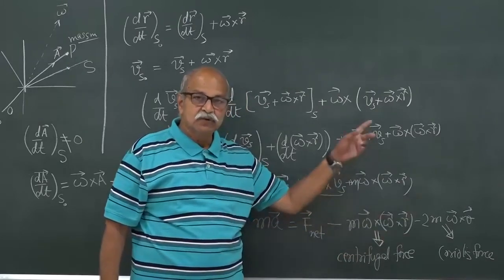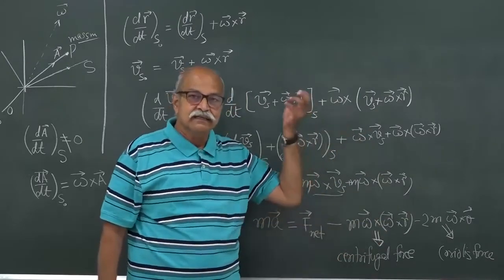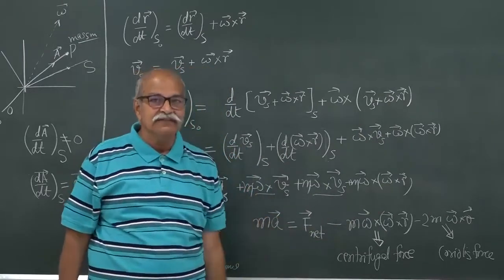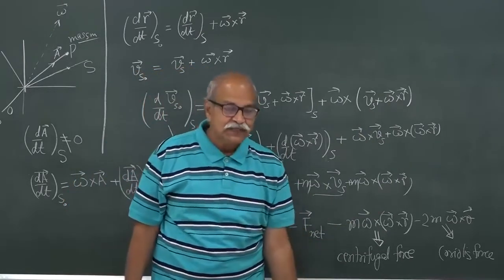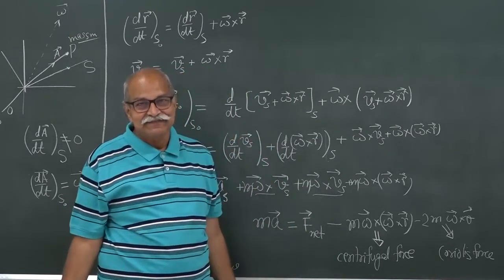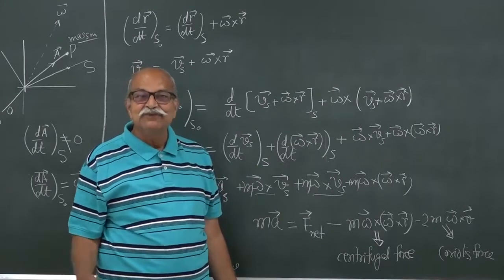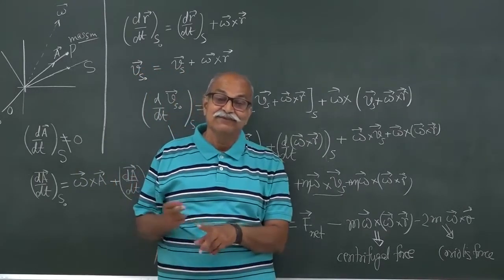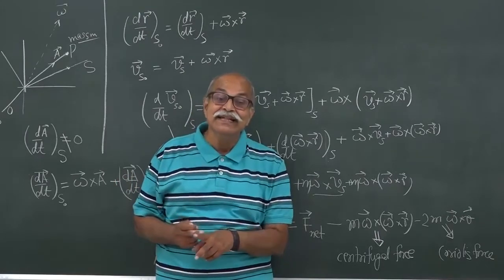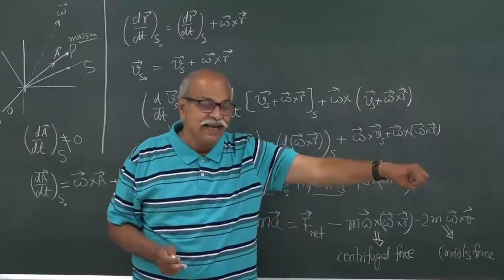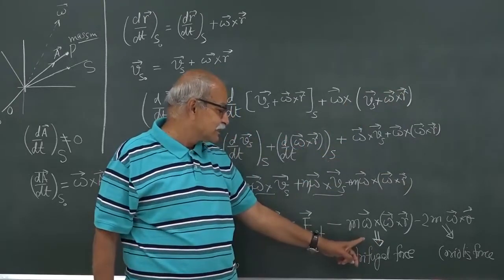Whether the particle is at rest, whether it moves in a straight line, in a circle, in an ellipse, in a parabola, whatever the particle does, centrifugal force does not depend on that. Centrifugal force depends only on the position of the particle. Where the particle is, that will decide what this centrifugal force is.